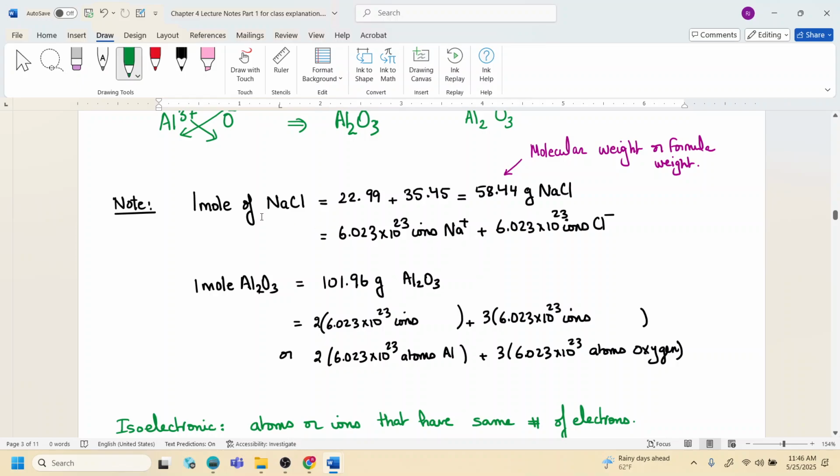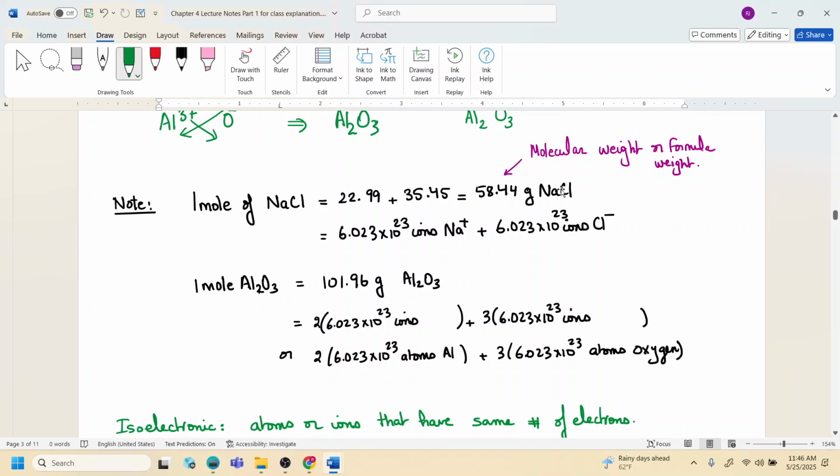So please remember that 1 mole of the sodium chloride corresponds to 22.9, the molecular weight of the sodium plus the molecular weight of the chlorine. So you go ahead and you calculate the molecular weight of the whole molecule in there.